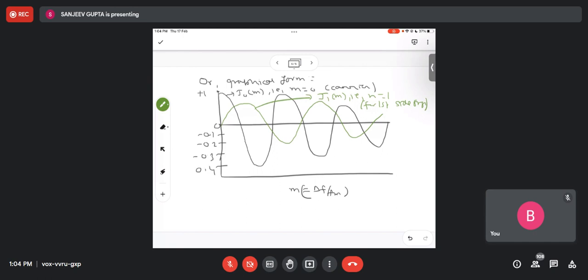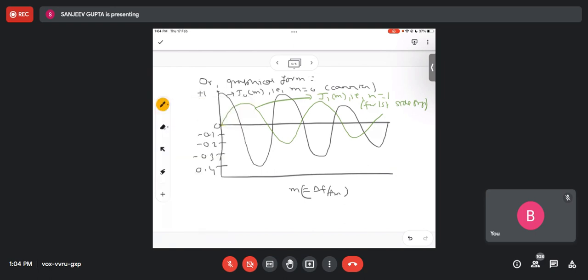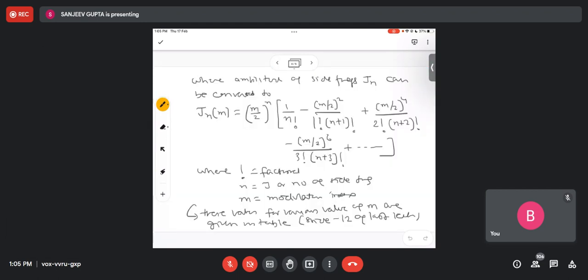And then another one, something like this, which is J2M, that is n equal to 2 for the second side frequencies. This is just for your understanding that the Bessel function could be given in the form of an equation, or in the form of a table, which was slide 12 of the last lecture, or in the form of a graph also.